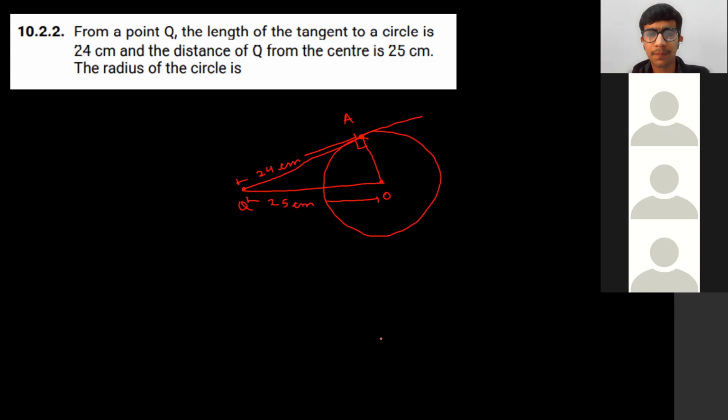Yes, sir. I'll calculate and tell. Okay. So OQ whole square is equal to OA the whole square plus QA the whole square, right? Just plug in the values of whatever you have and calculate the value of OA from here.